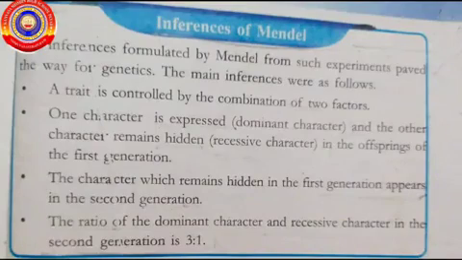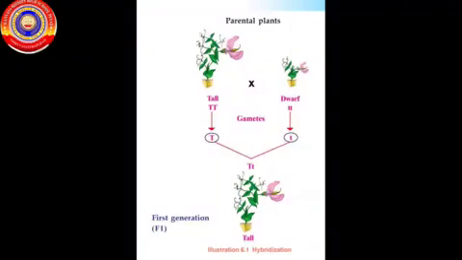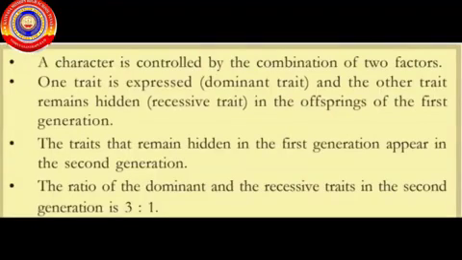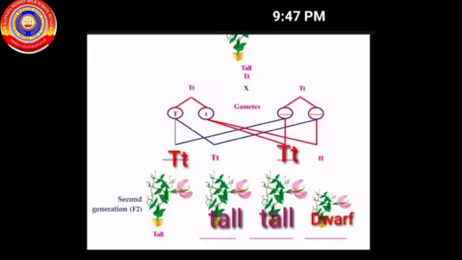Second one, one character is expressed, that is the dominant character, and the other character remains hidden, that is the recessive character, in the offspring of the first generation. Third one, the character which remains hidden in the first generation appears in the second generation. The ratio of the dominant character and recessive character in the second generation is 3:1.